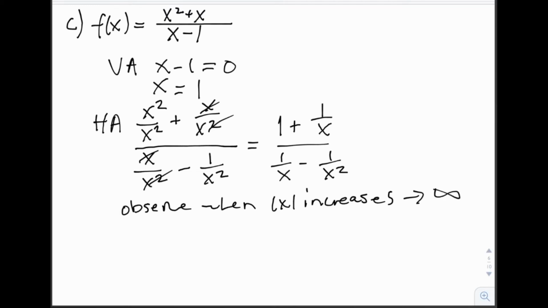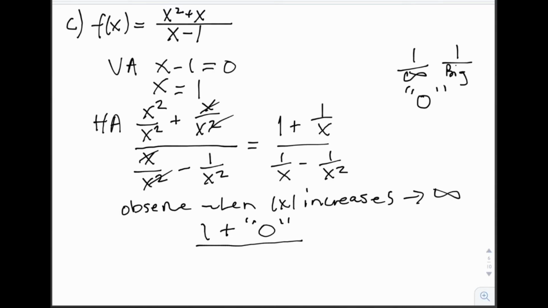Well, 1 will stay the same, 1 plus 1 divided by, if we plug in infinity or as x increases, that's just going to be 1 divided by a really big number, or in this case, it will go to approximately 0. Okay, so we can go ahead and say about 0 for this one, divided by, and again we said 1 divided by x is going to be that approximate 0.